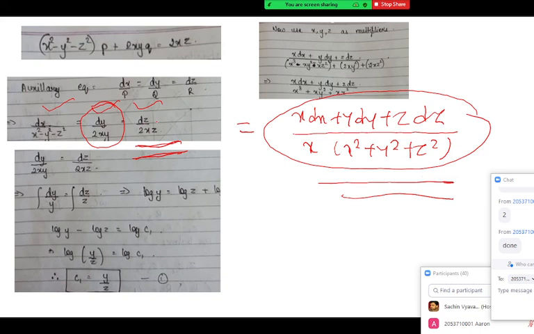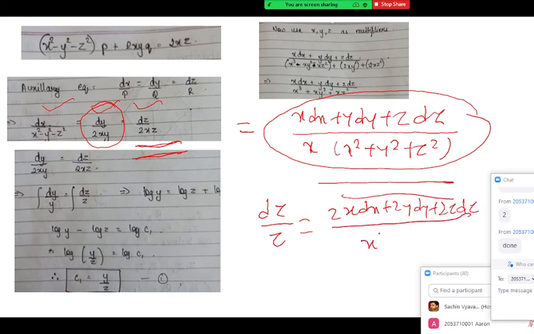Suppose I take this last ratio with this ratio. If I equate the last with that ratio, this x gets cancelled and I will get dz by z, and now this 2 is not useful on the left-hand side, so I will give this 2 on this side. So this becomes 2x dx plus 2y dy plus 2z dz upon x square plus y square plus z square, and now it is in the form of f dash upon f.